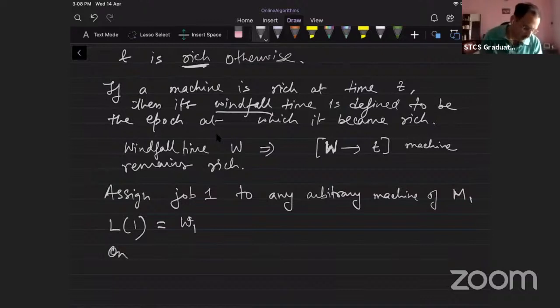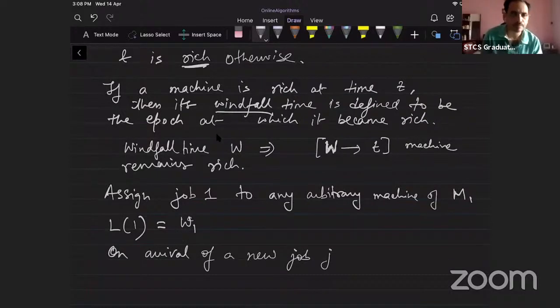Now I'm going to update this estimate on arrival of a new job j at epoch or time t.